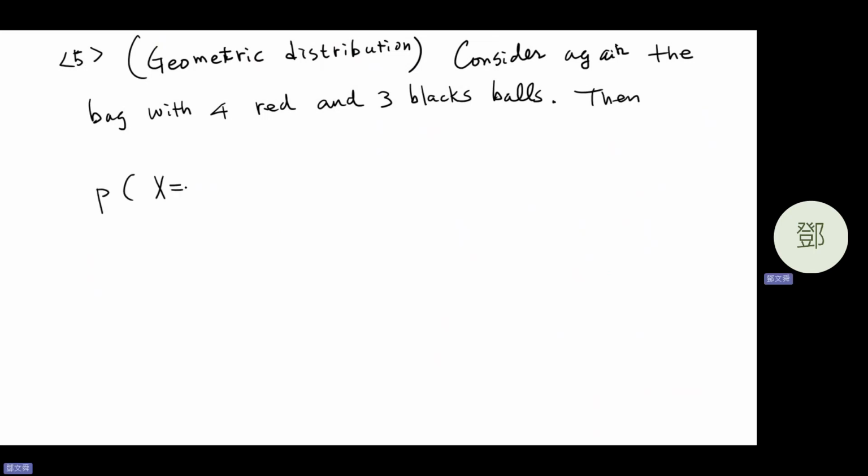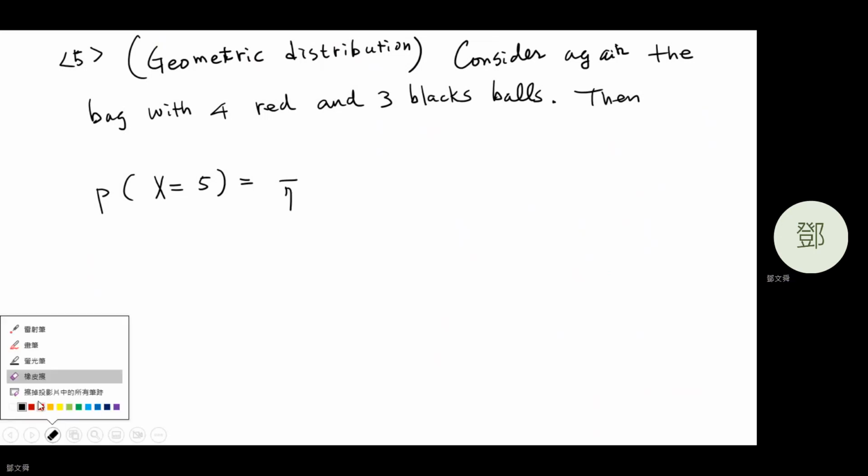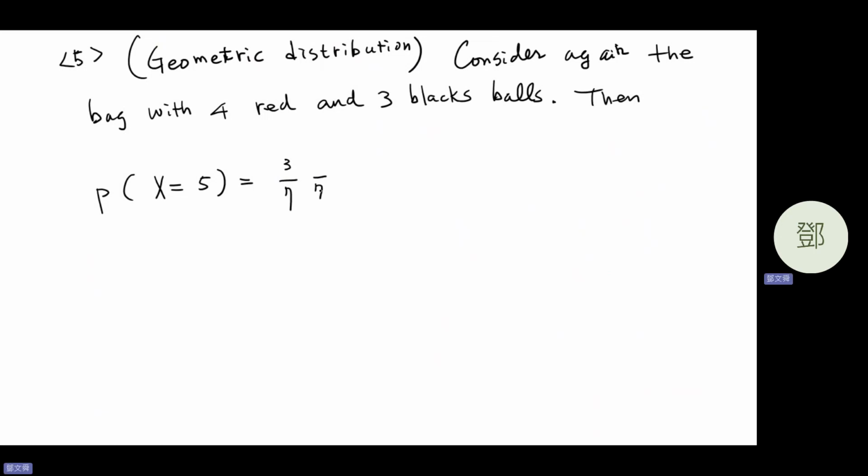The probability that X equals 5 means that the first four draws are all black balls: 3/7, 3/7, 3/7, 3/7, and lastly, he makes it at the 5th draw, 4/7. This expression is correct, but not what I prefer.